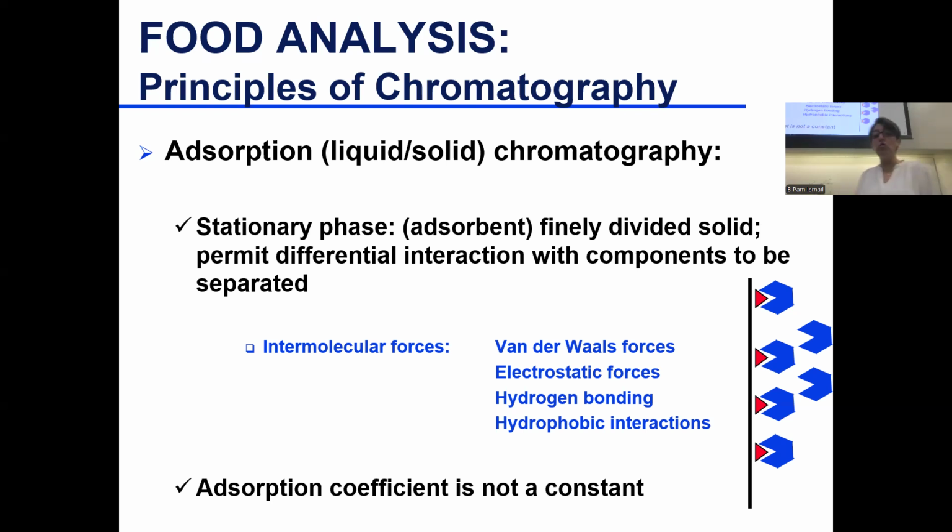So every time we use adsorption chromatography, each column or each stationary phase comes with a maximum load. You need to know the maximum load. How much is the maximum we can put on the column? Otherwise, what this is illustrating here, these are the functional groups. So those red triangles are functional groups on your stationary phase.